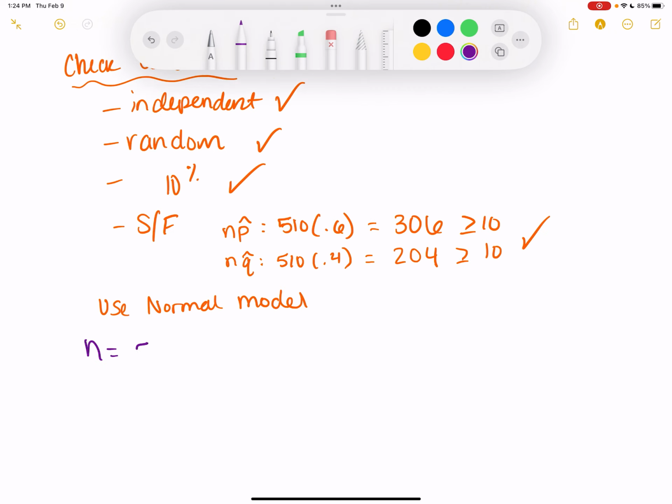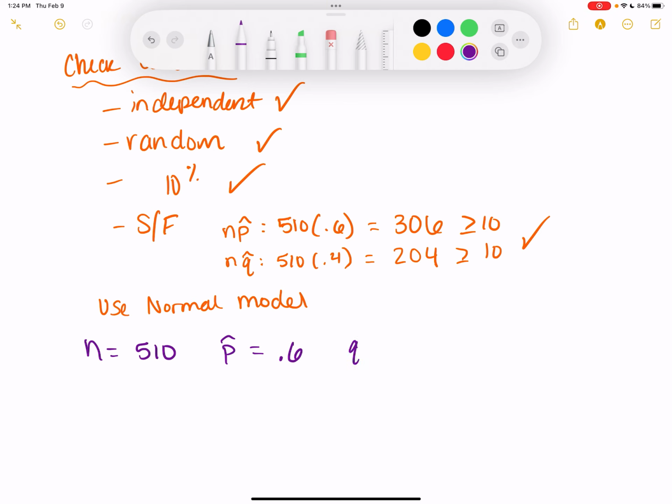So, N is 510. P hat is 0.6. The failure is the people who said it's unfair or that they don't know. Technically there were three options in this one, but we're looking at it as either fair or not, so those two get grouped together.